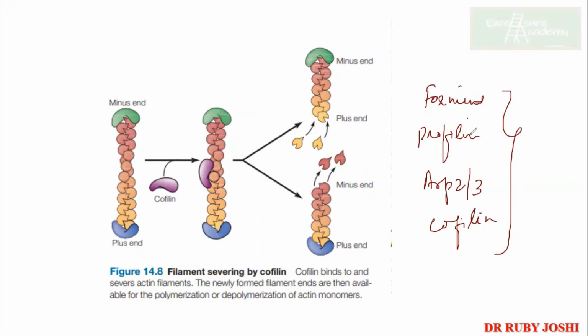Profilin helps in binding of your G-ATP in the plus end, like it keeps on helping in the addition at your plus end, right? It is helping in the polymerization. ARP 2/3 is helping in the branching. Cofilin is helping in the, it breaks the actin filament so that the polymerization and depolymerization both can happen. Guys, is it clear?